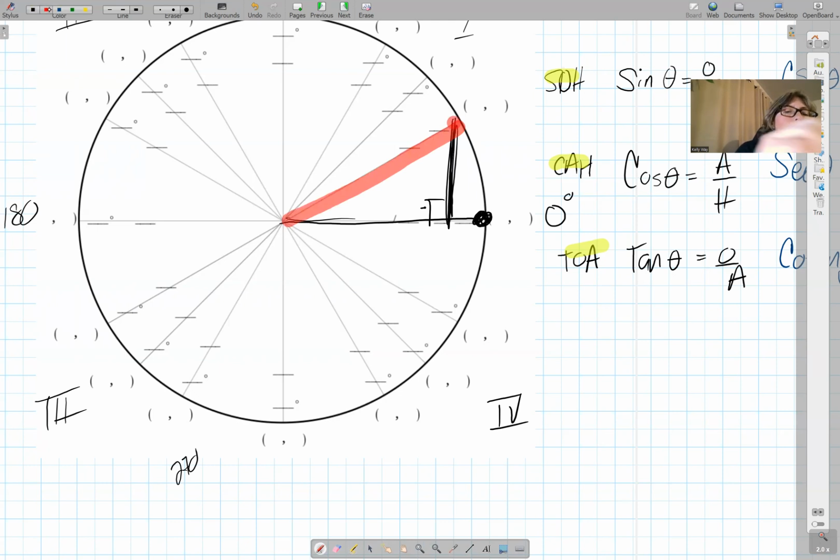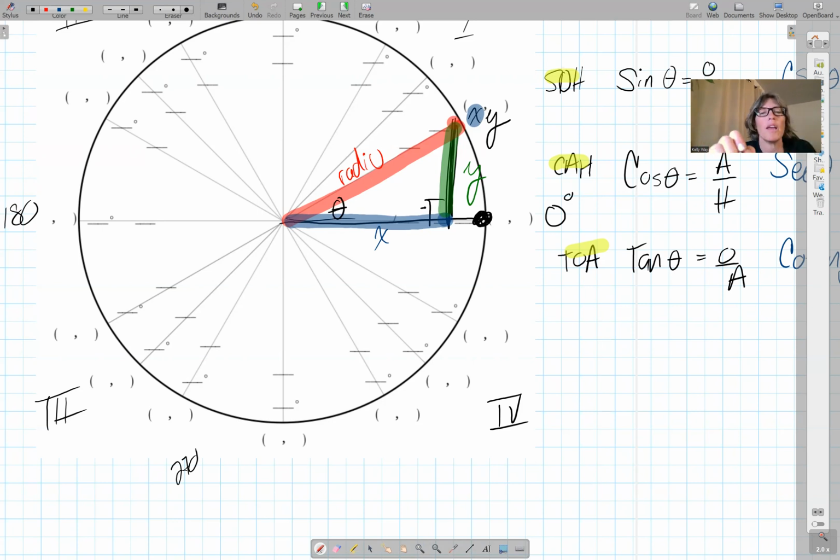So that would be the radius. And if our terminal point is x comma y, x would be that side length, if you will, and y is going to be this vertical length. And we position theta right here in the middle.